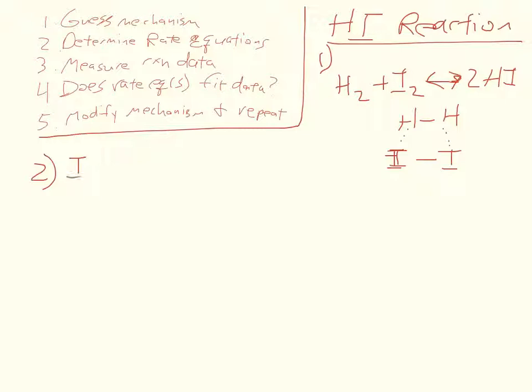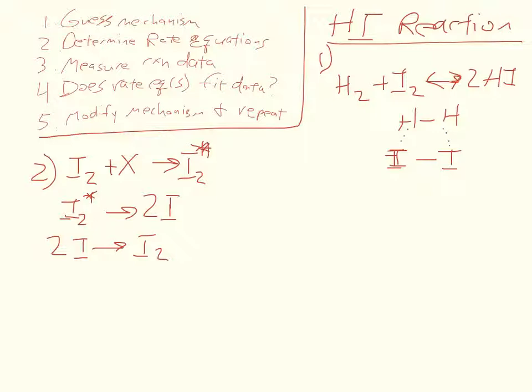Another mechanism involves iodine interacting with some sort of catalyst or precursor to produce iodine in an activated state. And this activated iodine is able to break apart into iodine atoms. And then these iodine atoms, here's a side reaction, but H2 plus 2I forms 2HI. So this is different than the first mechanism.